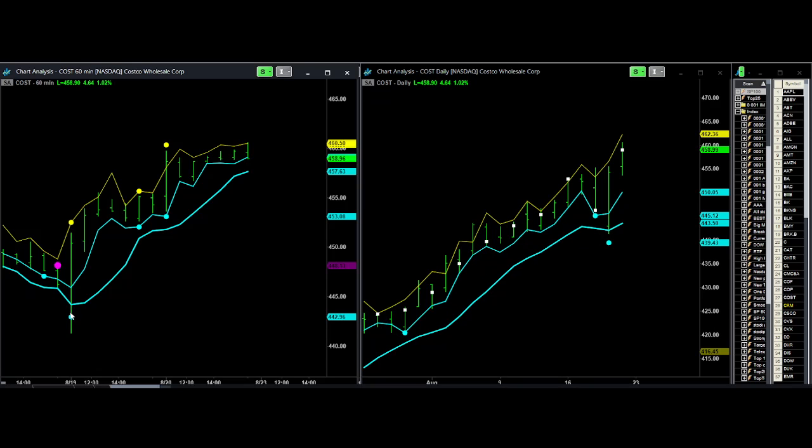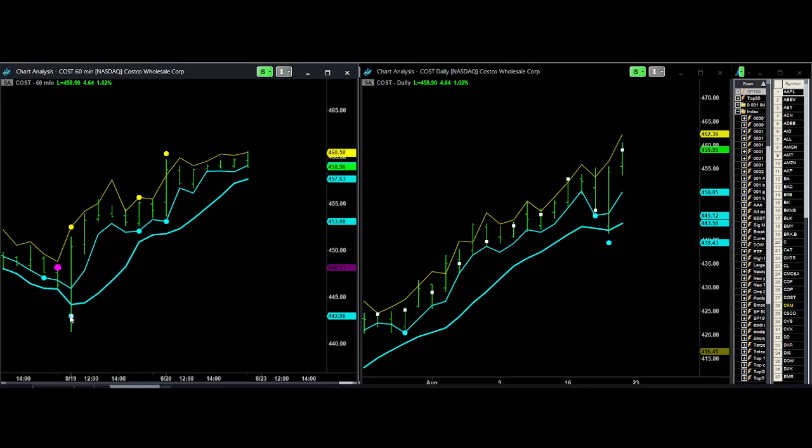So you see in this 60-minute chart that has a much better resolution, and this 442.64 is the minimum value predicted by the trend line. So you see it dropped to this minimum value, and then it started to increase in price.